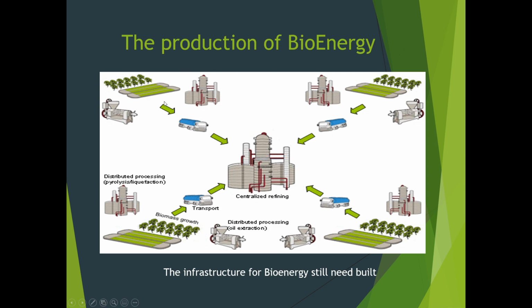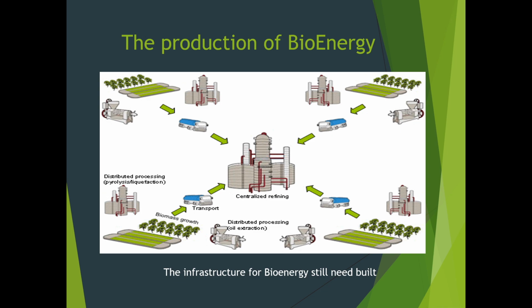Okay, so putting these small little farms together, whether this is for ethanol or for biogas or for methane or whatever, we still need to collect them all into one little centralized refining area. And these are so spread out, and the agricultural products are so diffused, it's hard to really set this type of infrastructure up.